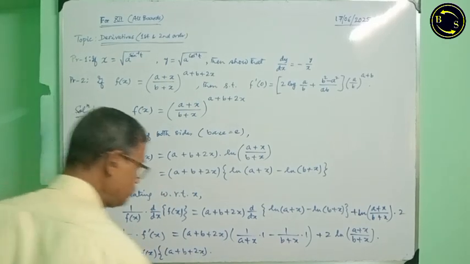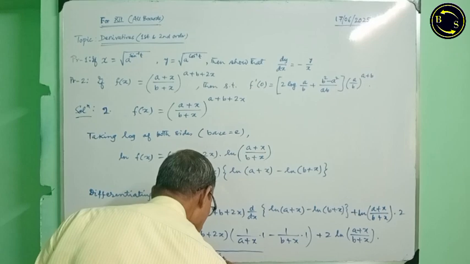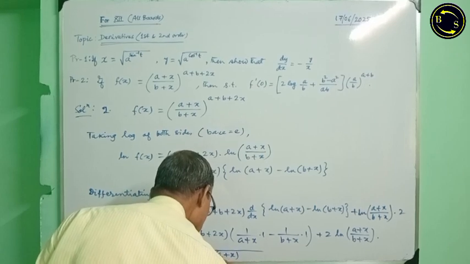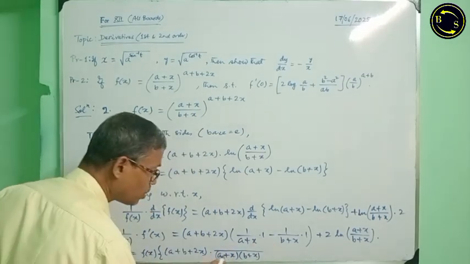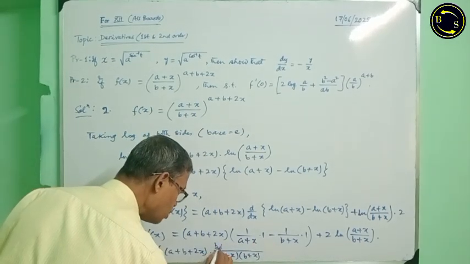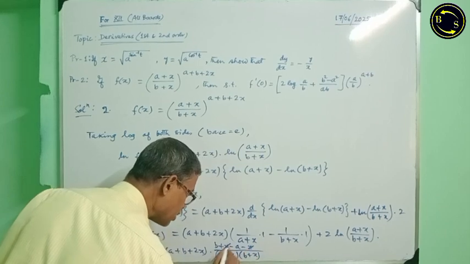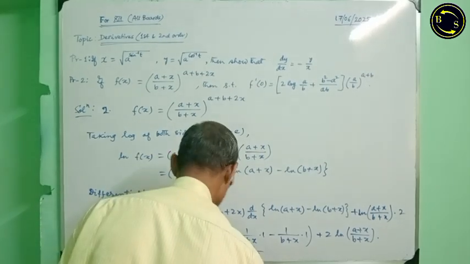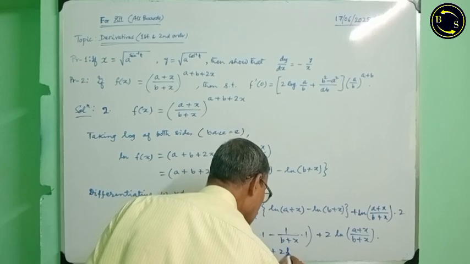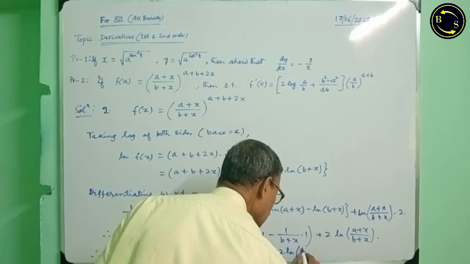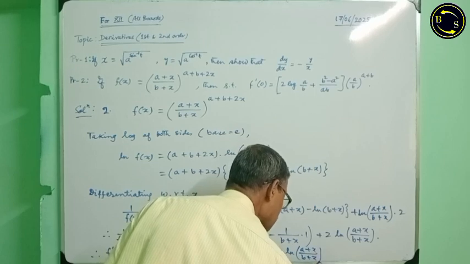Now we simplify this one. (a plus x), (b plus x), numerator will be (b plus x) minus (a) minus x, x cancelled, plus 2 log (a plus x) by (b plus x).